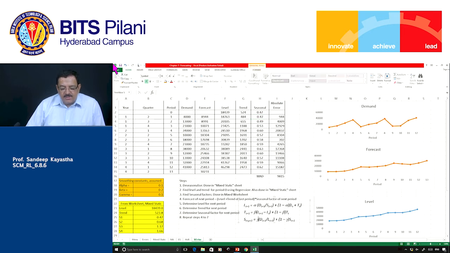Seasonal factor is given here. Gamma value is 0.1, into D(t) by L(t). So D(t) is this and L(t) is this. Divide these two, plus 1 minus gamma into S(t+1). So we have got S(t+1) as 0.47. So we get this value 0.47 again.